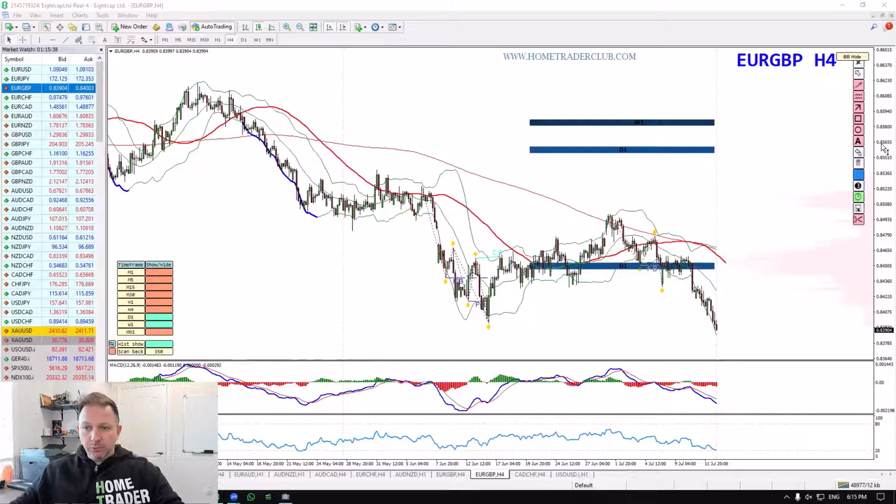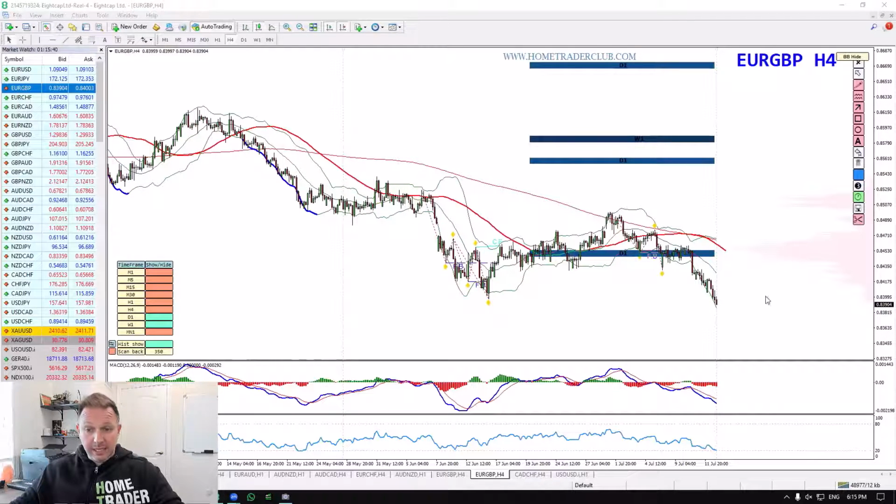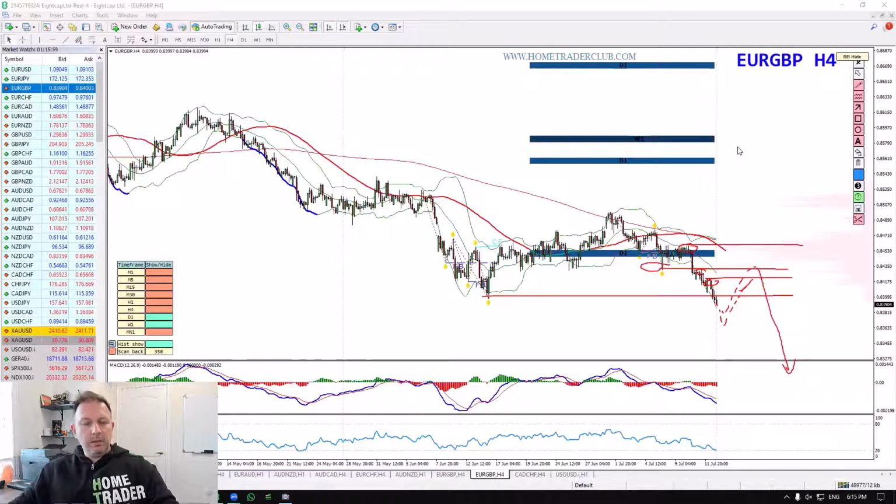So from my point of view, the euro pound is yet bearish, and I do expect to see some pullbacks on a shorter term. But any pullbacks here, we will have here a broken resistance, supply, broken resistance, supply. All these are major zones, major levels, right? Any pullback to these levels, and I believe the euro pound has more to offer, especially as long as this peak holds itself.